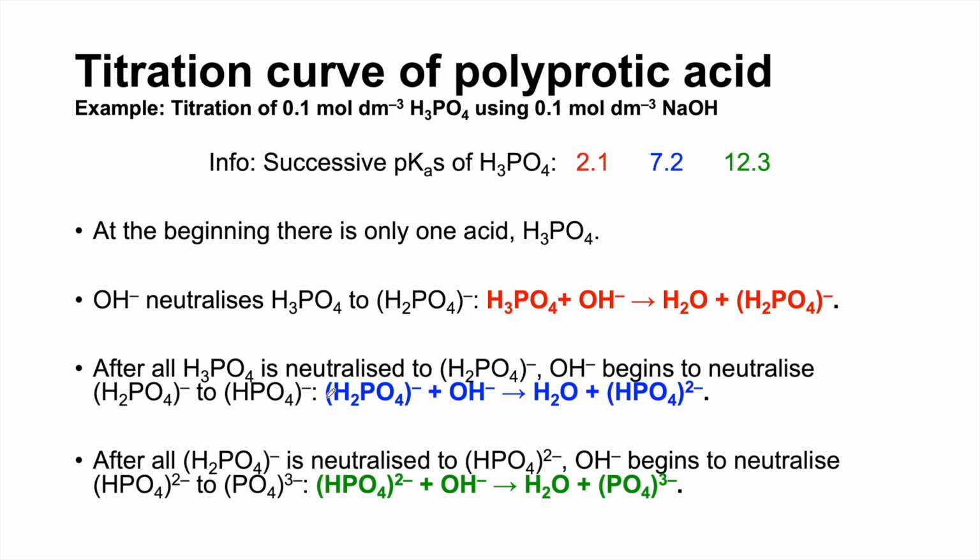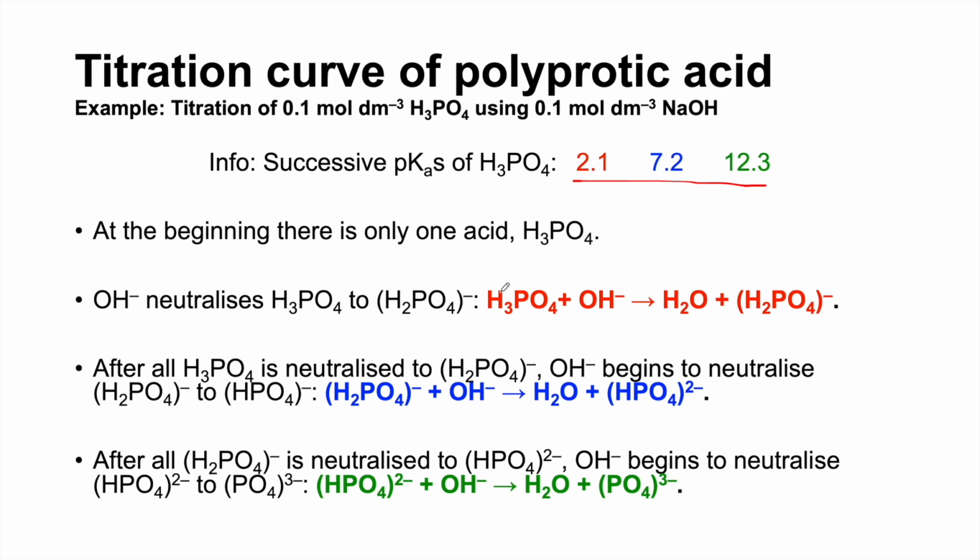For the titration curve of a polyprotic acid, we are going to use the example of a 0.1 mole per dm cube solution of phosphoric acid titrated against sodium hydroxide solution of similar concentration. These are the successive pKa's of phosphoric acid given here.